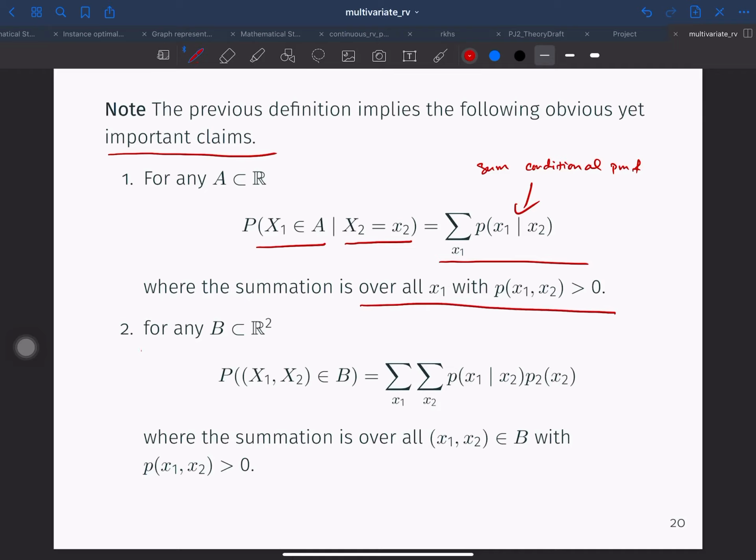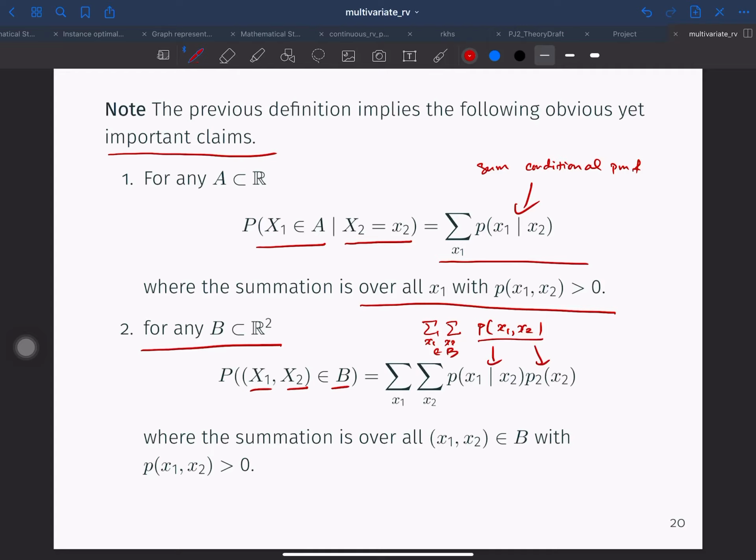Similarly, for any set B that is in R squared, so for x1 and x2, the probability that x1 and x2 belongs to B, you can write as the summation over x1, x2 in B of the joint PMF, and due to the definition, the joint PMF is just a product of the conditional PMF and the marginal PMF.